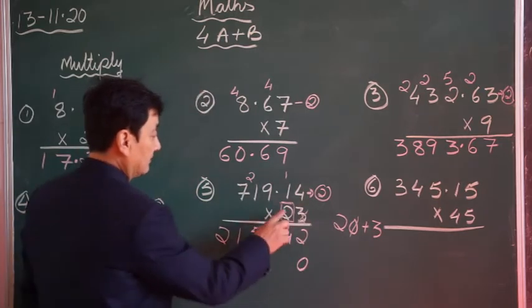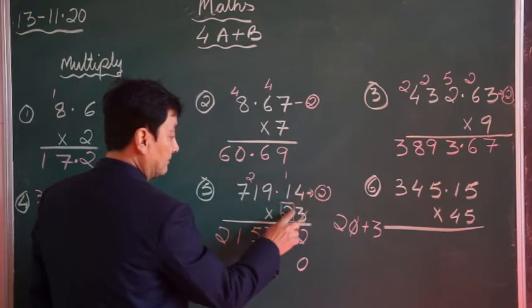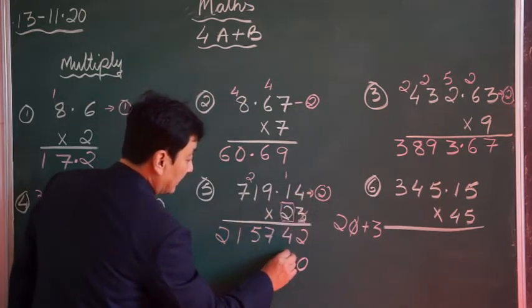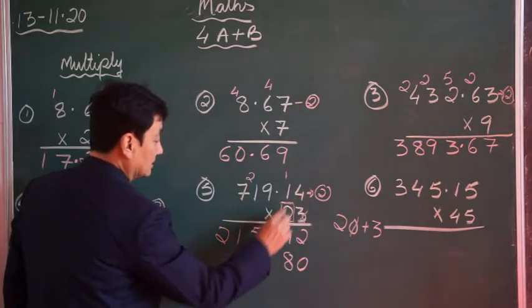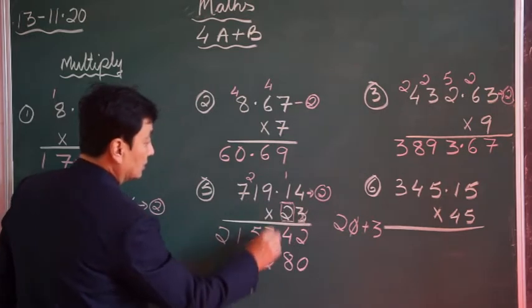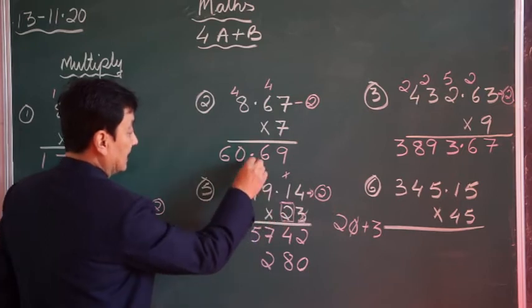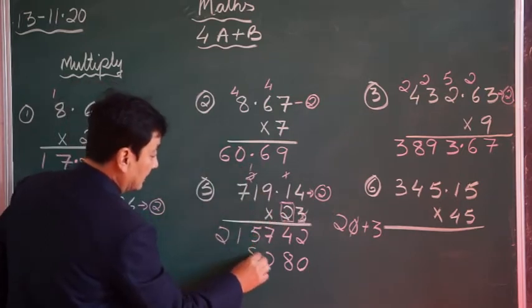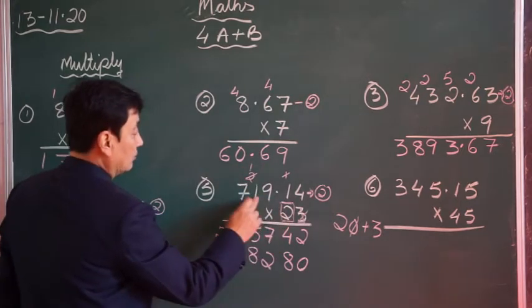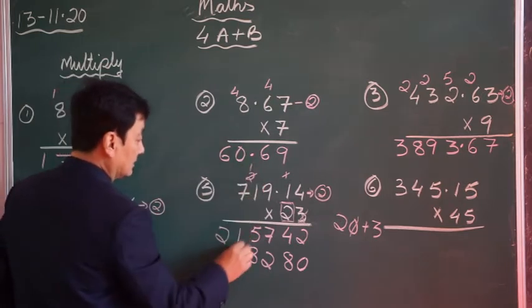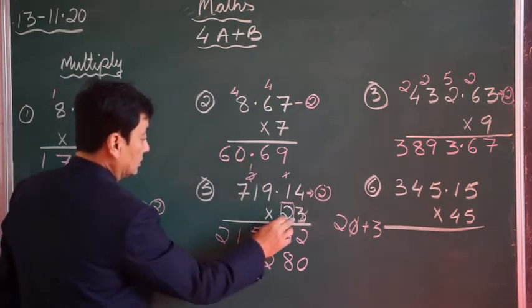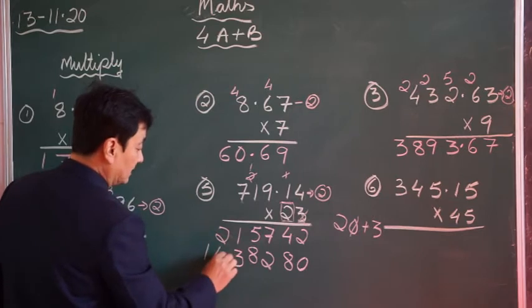2 4s are 8, that is the first number. 2 1s are 2. We have finished this. 2 9s are 18. 2 1s are 2 plus 1, 3. 2 7s are 14.